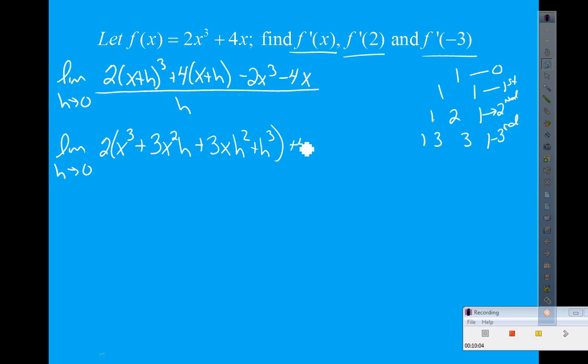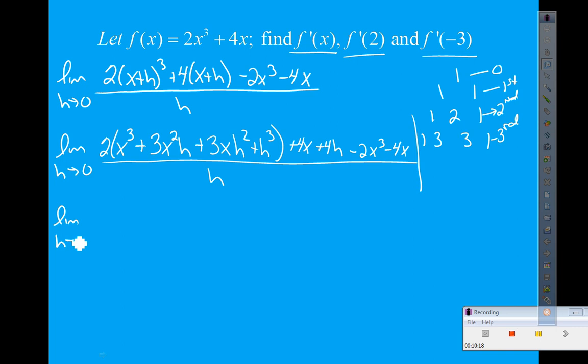I still have plus 4x plus 4h minus 2x cubed minus 4x, all of this still over h. And then I'm going to distribute some more. I'm going to distribute that 2 in there.